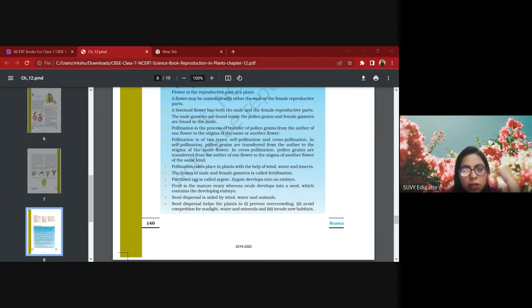When the male gamete, pollen grain, fuses, meaning combines, with the female gamete, ova, to form a single unit called zygote.